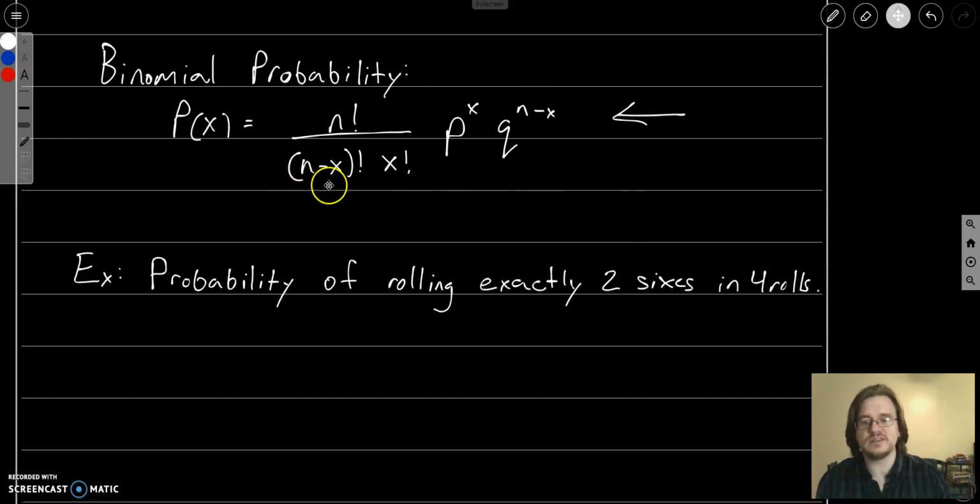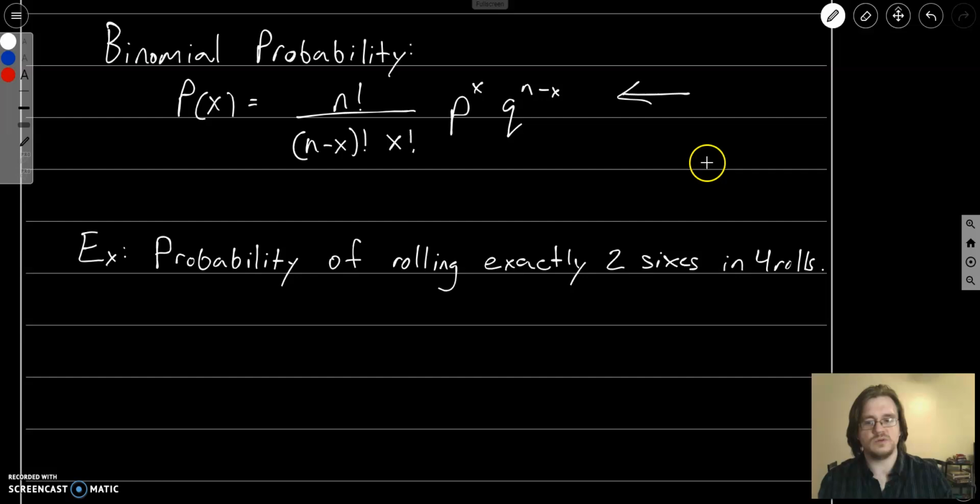Let's just use this formula once in a fairly simple case, and then I'll break this down a little bit more. So let's look at the probability of rolling exactly 2 6s in 4 rolls. We're rolling 4 dice, so n here is equal to 4.